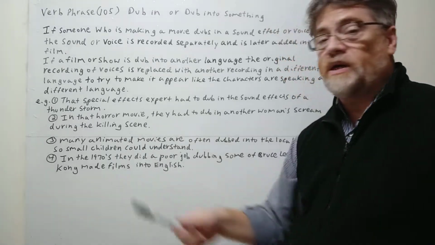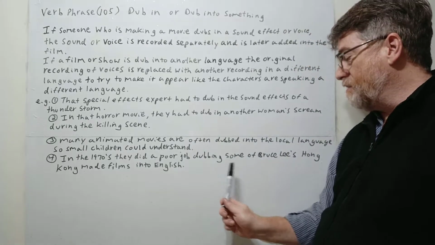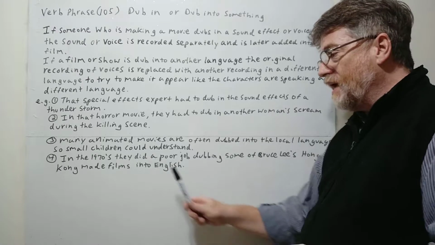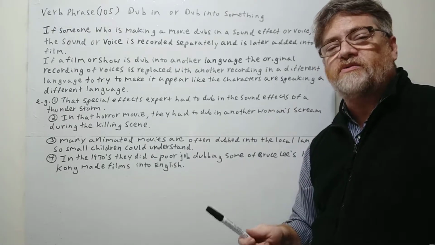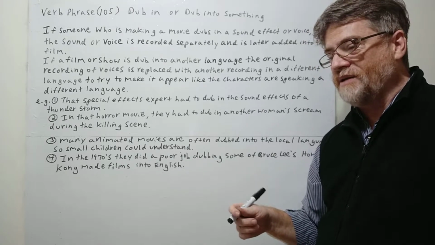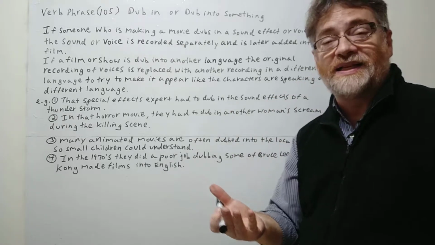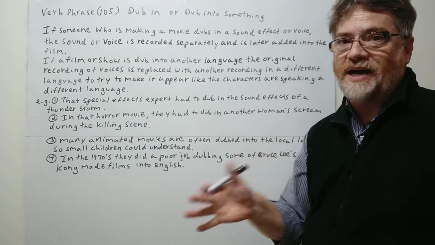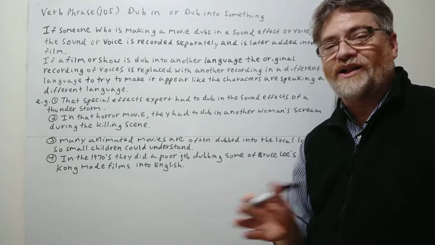Okay, let's look at number four here: in the 1970s, they did a poor job dubbing some of Bruce Lee's Hong Kong-made films into English. I always remember some comedians making fun of it. Sometimes the way they moved their mouths didn't match the English language. You could tell it wasn't the original one. It didn't look close at all.